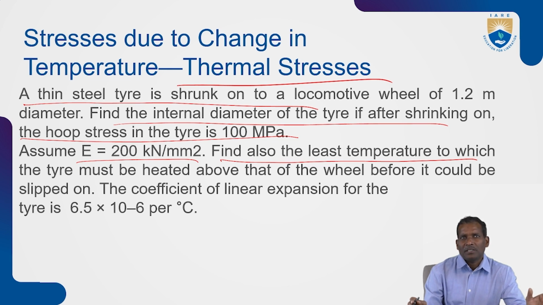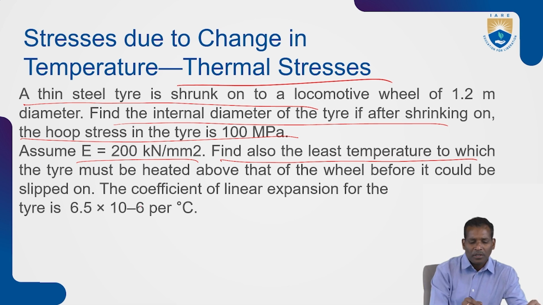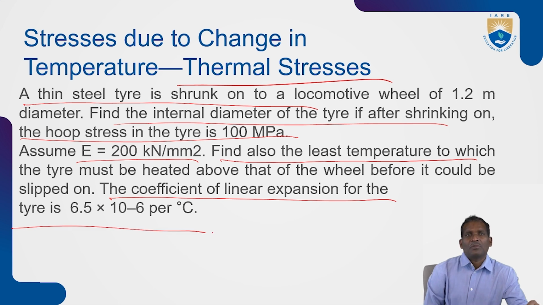So what is the temperature required? The coefficient of linear expansion for this tire is 6.5 into 10 to the power minus 6 per degree centigrade. So the linear expansion coefficient, alpha, is given.